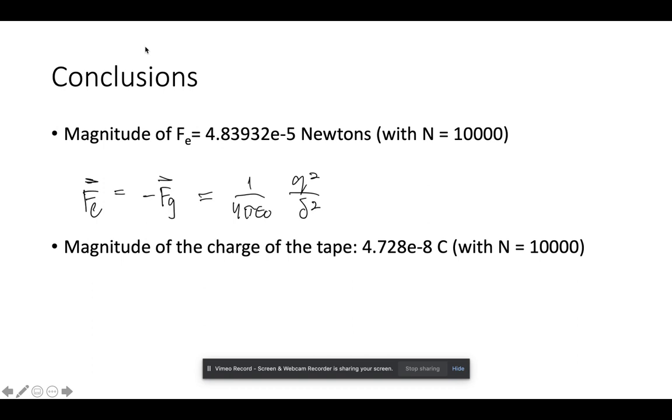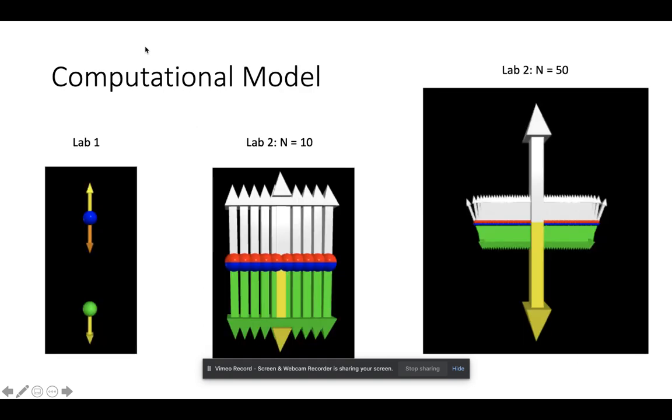Again, this is just a reminder of the equation we're using here. The magnitude of the charge on the tape that we calculated for the line of point charges was 4.7 times 10 to the negative 8 coulombs when the number of point charges or electric fields we were considering was 10,000.